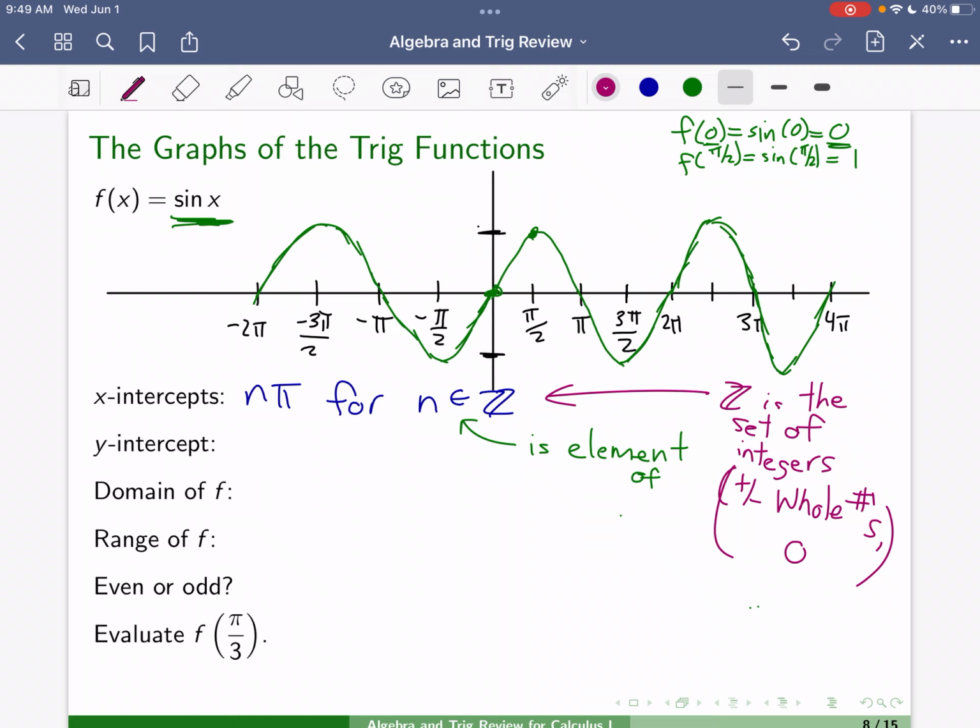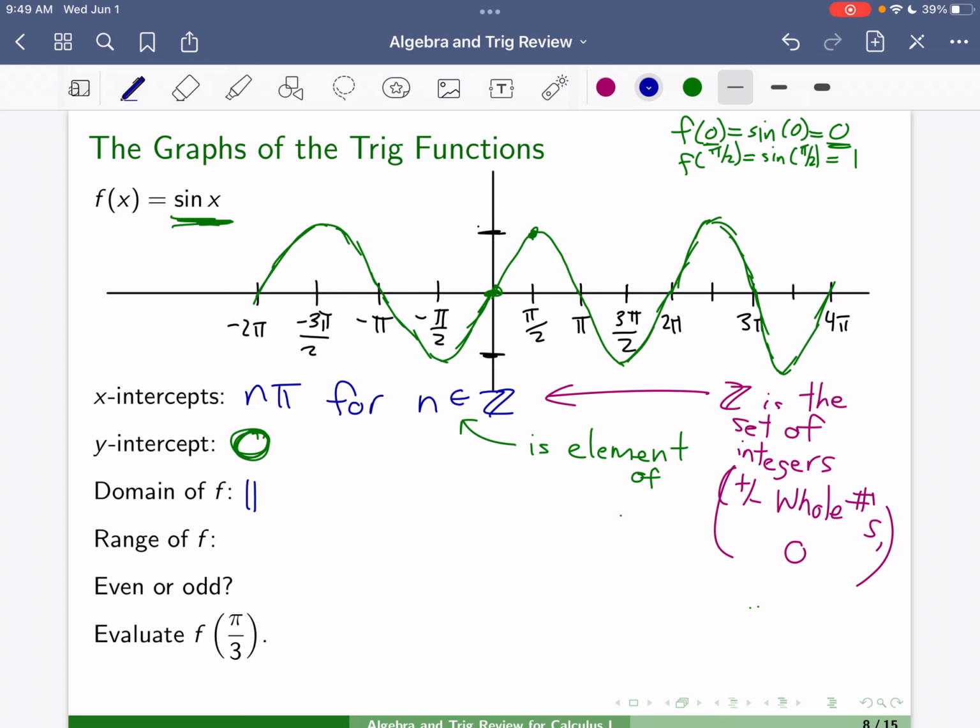The y-intercept, there is only one y-intercept, that is at 0 itself. So when we hit the y-axis, it's only there at a y value of 0. The domain is all real numbers, so everything from negative infinity to positive infinity.